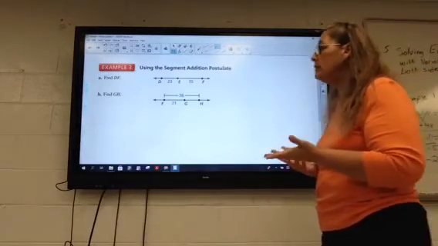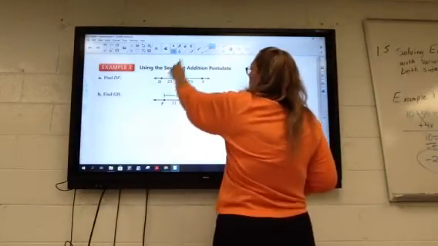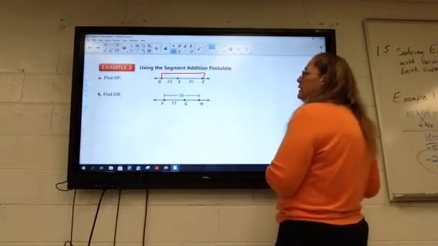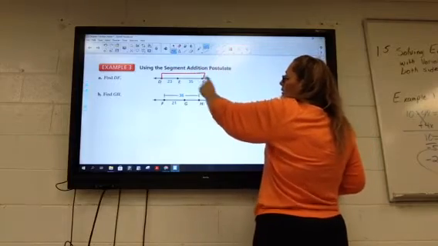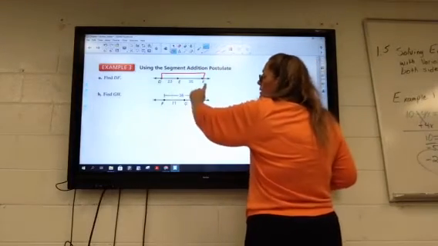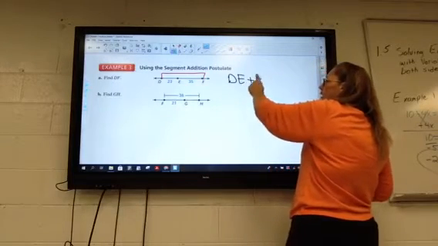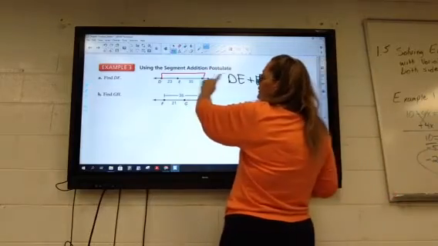All right, so we're going to use that to find DF. Let's look. DF is from here to here. Looking at the last page, it said that if E is between D and F, which it is, I can have DE plus EF equal to DF. And I want to find DF.